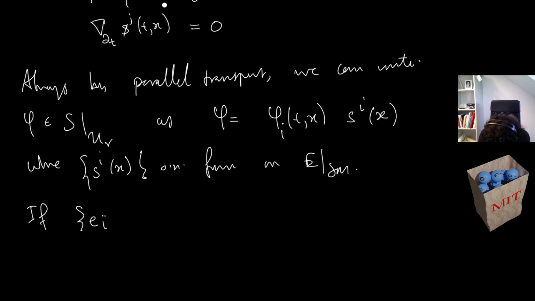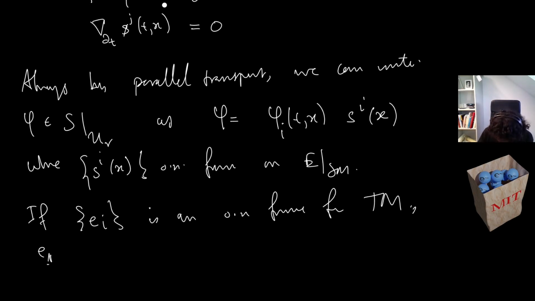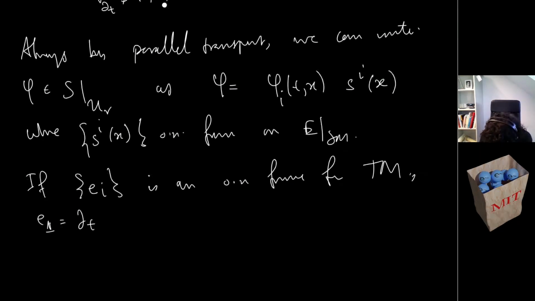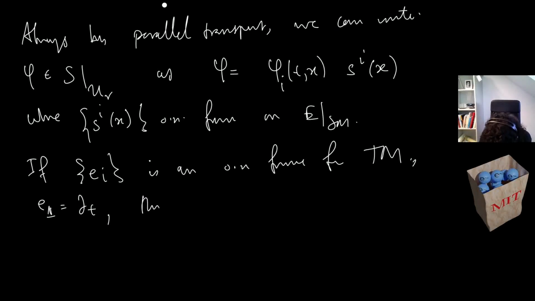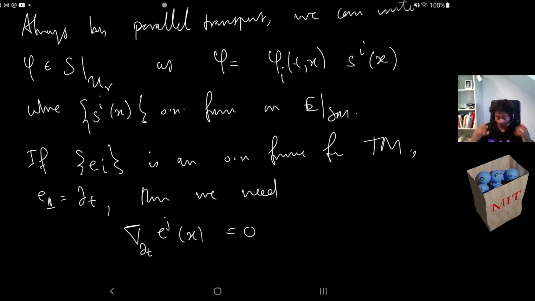So if e_i is an orthonormal frame for TM and e_1 is dt, then we need that the derivative in the dt direction of e_j(x) is 0. Okay, so things really need to be flat in the cylindrical direction. This is what it really means.